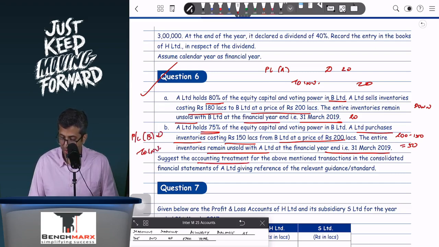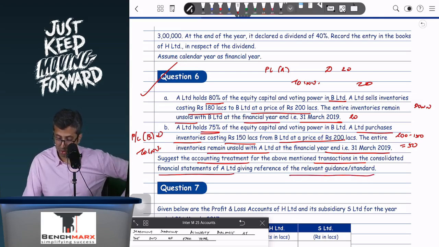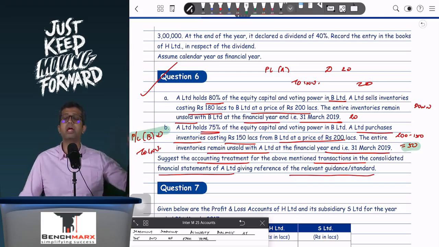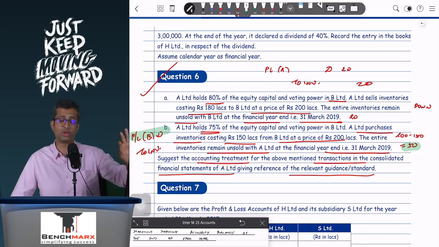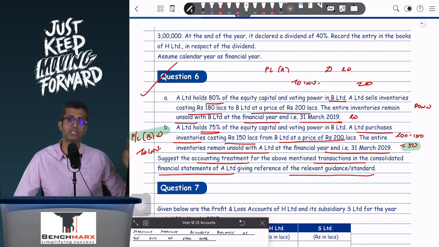Such is the accounting treatment for the above mentioned transactions in the consolidated statements of A, giving a reference to the relevant standards. Now remember, out of these profits of B, 75% of the profits are attributable to the parent and 25% of the profits are attributable to the minorities. That is in the second adjustment. In the first adjustment, when it is downstream, the entire adjustment is to be done against the profits of the parent only. Are we clear with this?